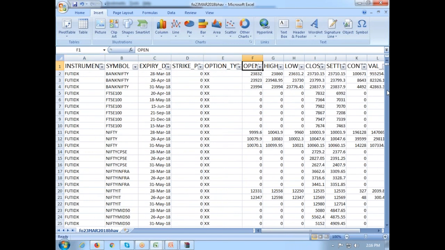We have to analyze this data and find a pattern. Somebody very genius told me the stock market is about finding relationships, relationships between prices, or you call it patterns. Either you call it relationship or you call it patterns.